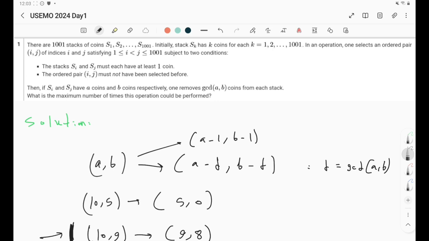Number 1, provide an example for the number that you guessed is the answer. And number 2, show that indeed it is the maximum or minimum or whatever. So here now we just need to show that we cannot get a better, bigger number of operations. So let's try to do that. Here we're just going to bound the number of operations from above.